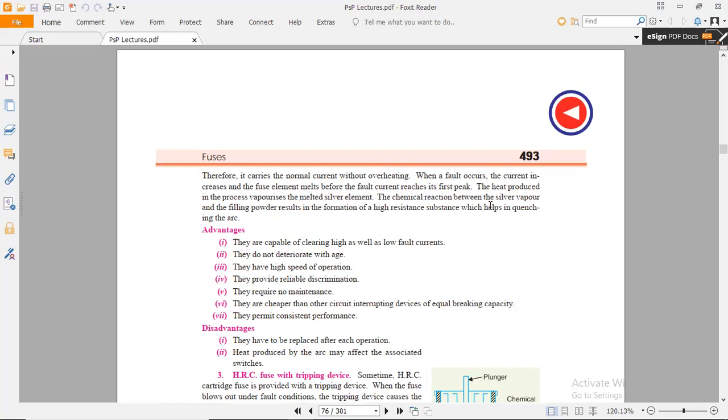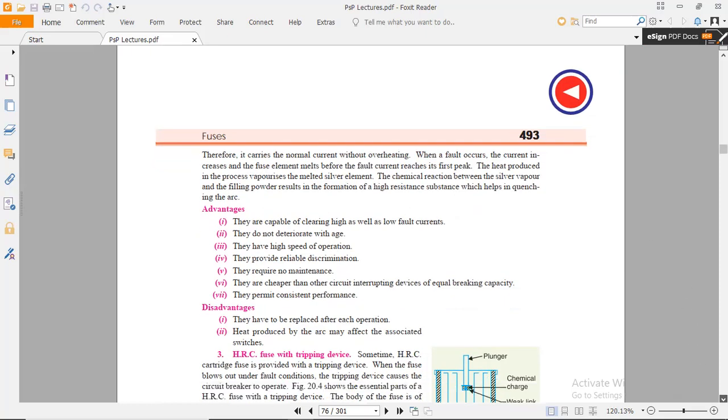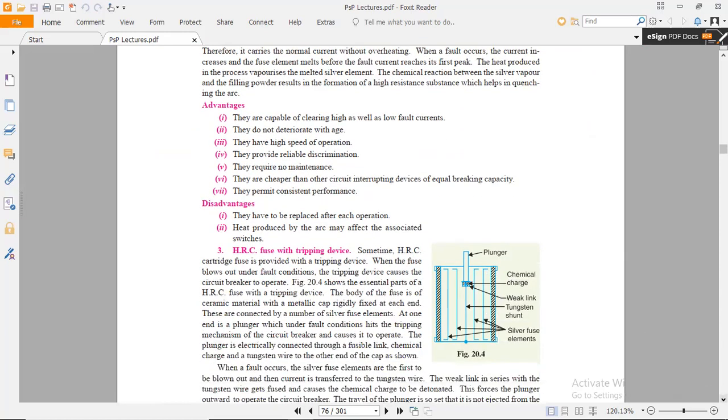The chemical reaction between the silver vapor and the filling powder results in the formation of a high resistance substance, which helps in quenching the arc, which means it vanishes the arc by this mechanism. So that's the reason we prefer the HRC fuse as the fuse material.